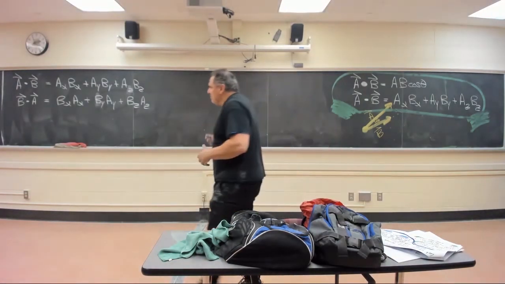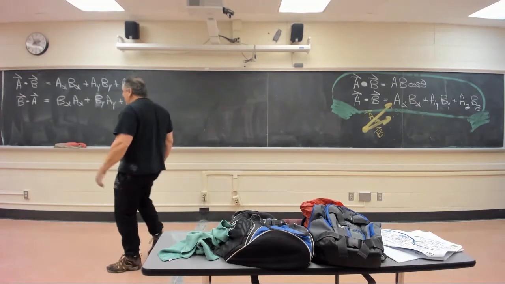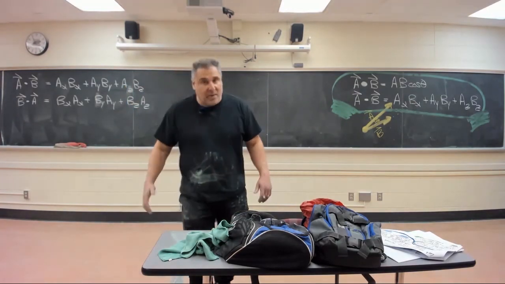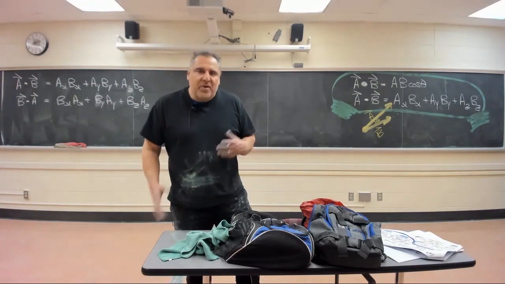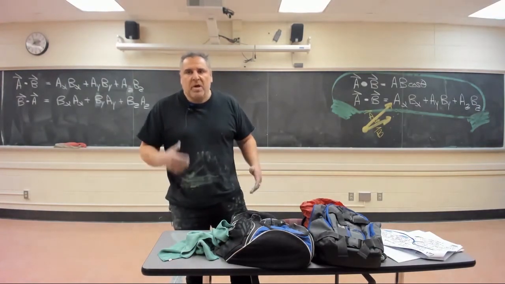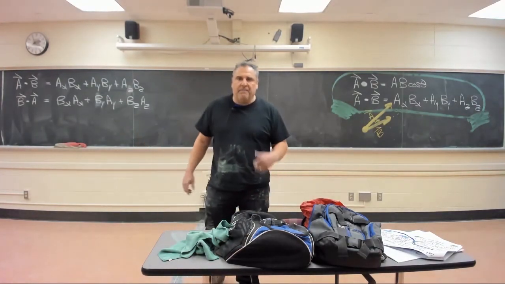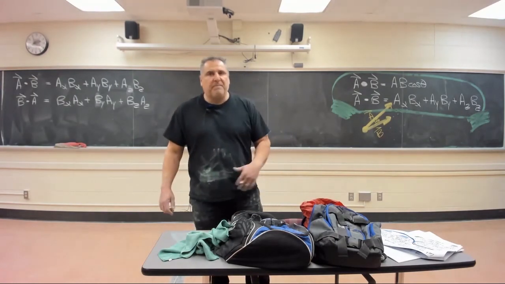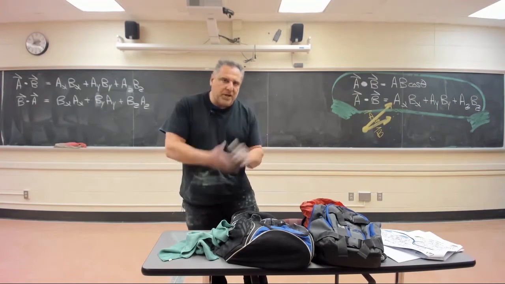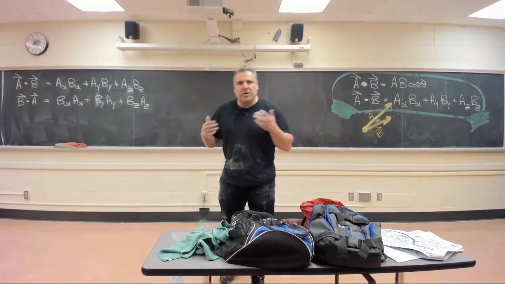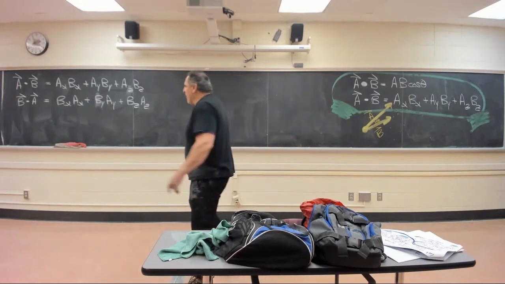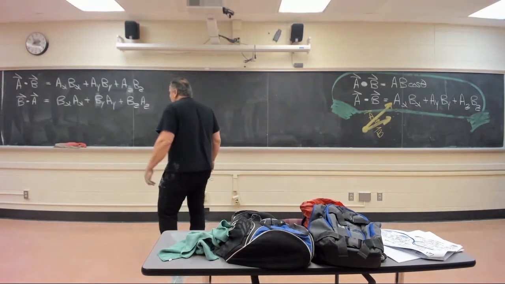Since these quantities are not necessarily specific, it doesn't matter which one you could be finding: the projection of a vector onto b vector, or the projection of b vector onto a vector. Either way, not really an issue.